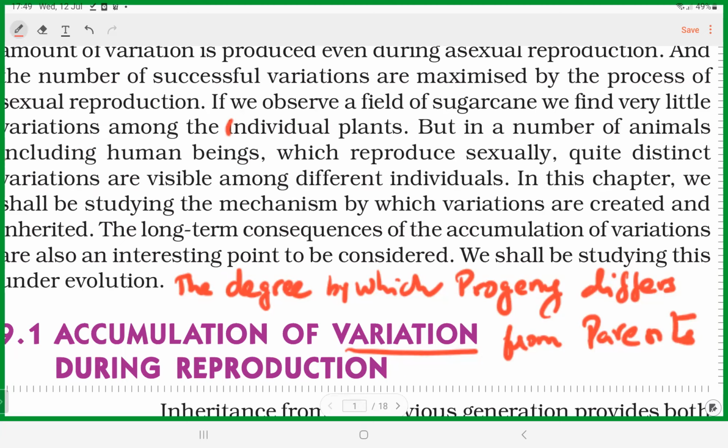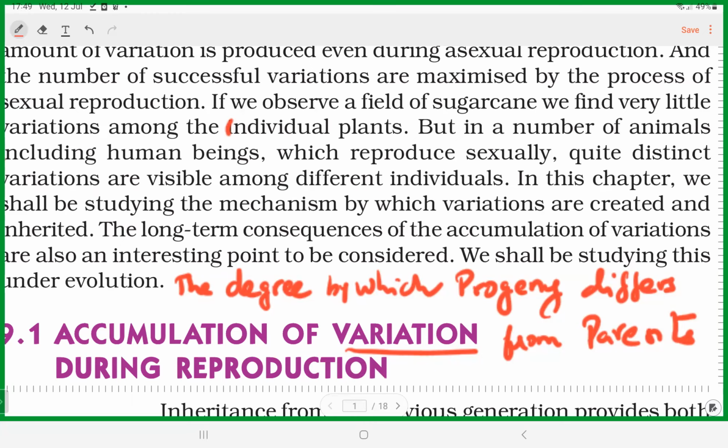This is one change. Will this be inherited by my boy or girl? No, because it is a somatic change, a bodily change. Bodily changes do not inherit to the progeny.